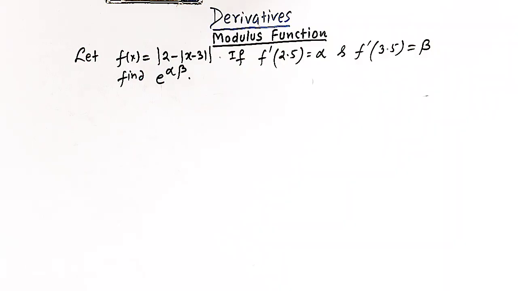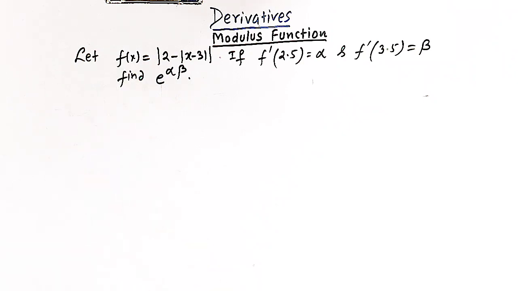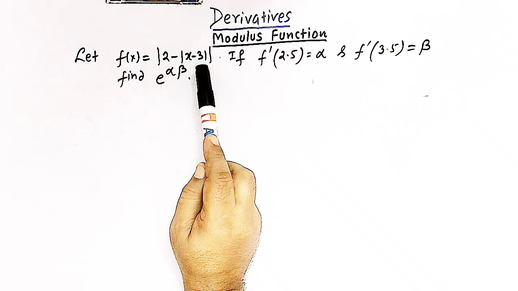Hello viewers, in today's session we are going to discuss another important and conceptual problem from derivatives involving mod function, right? So here in this class we are going to discuss this important problem in which we are given a function f of x which comprises of two mod functions.